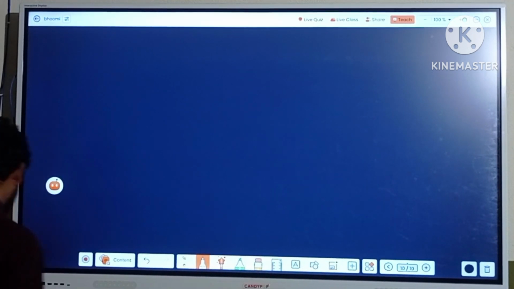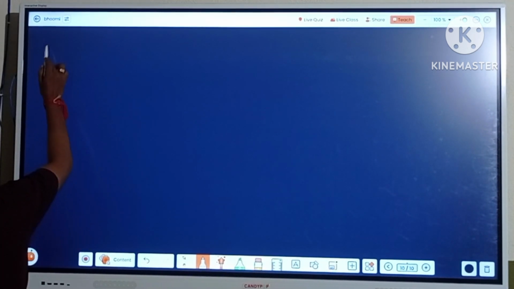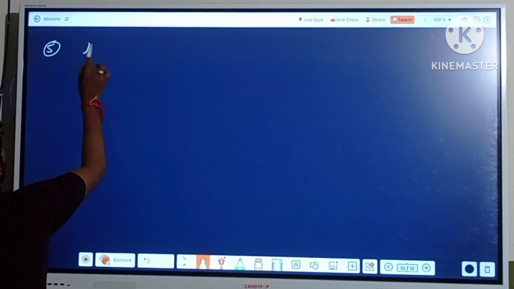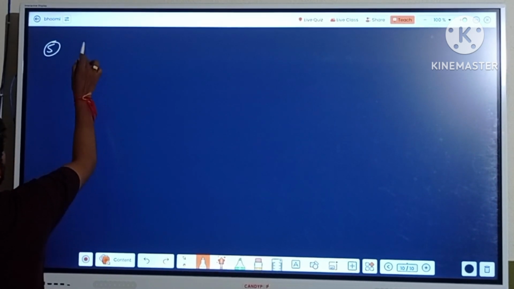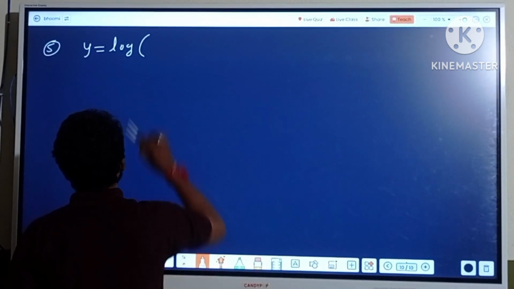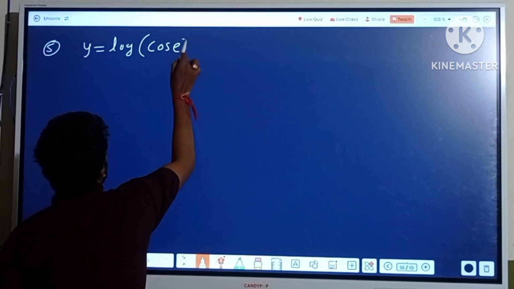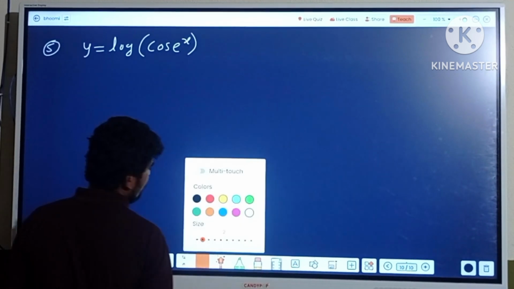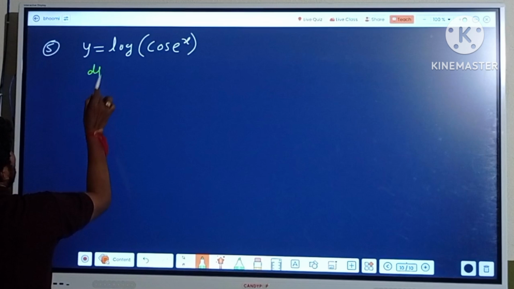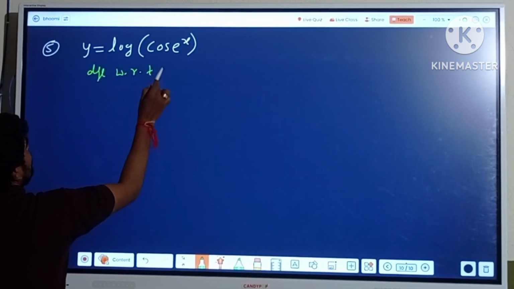So now the fifth question is find dy by dx for the function log of cos e power x. Log of cos e power x. So we need dy by dx. Therefore, differentiate this with respect to x.